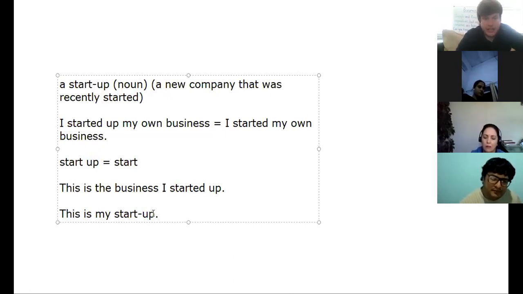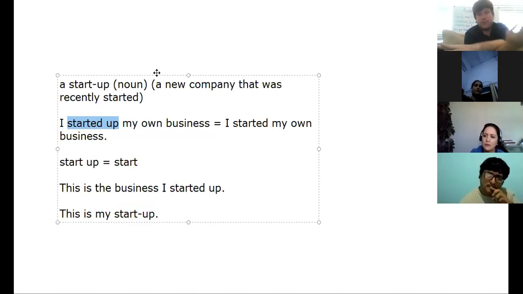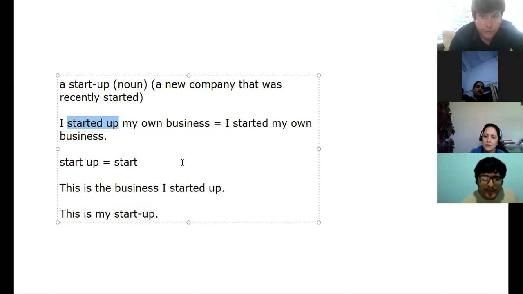So if you look at this, here it is now a noun. At the end, it's become a noun. It started as a verb, a phrasal verb. And this is really common in English, and not only English, many languages, Romance languages, other languages. Something starts as a verb, it evolves to become a noun, and vice versa. Things start as nouns and they become verbs.